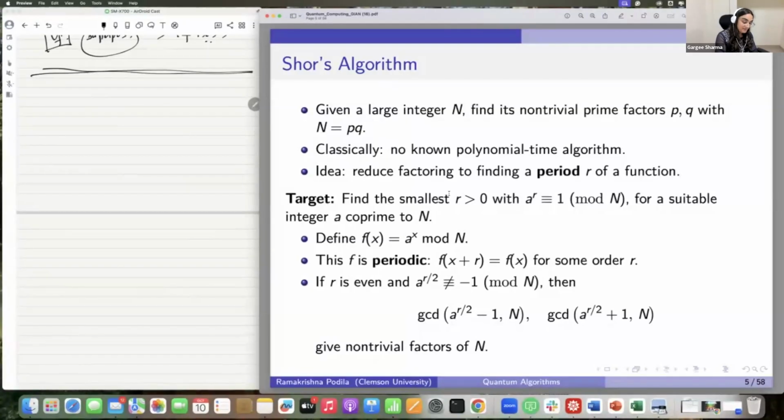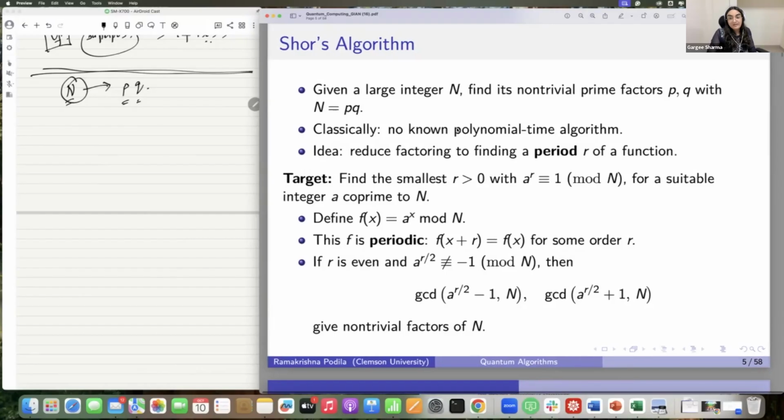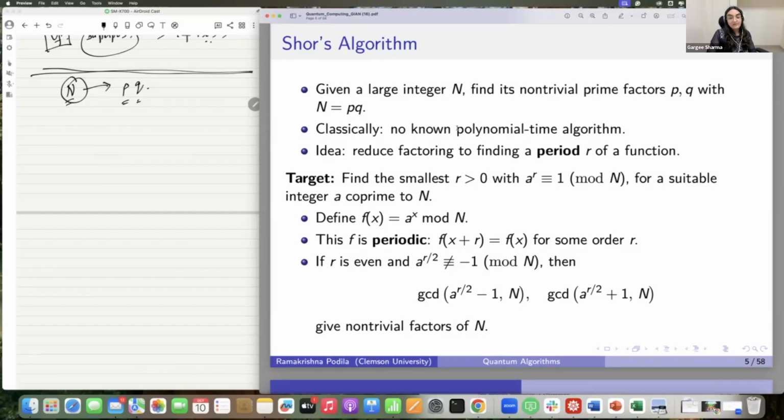So you are given some integer n, typically a large integer, because small integers are not really much of a problem anymore, since classical computers can do that fast enough. So the question is, how do you find its non-trivial prime factors, let's say p and q, so that n is p times q? Classically, it's not a polynomial time algorithm.